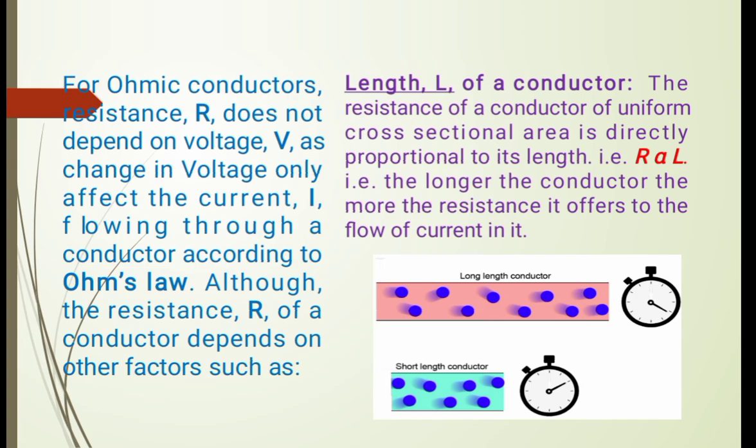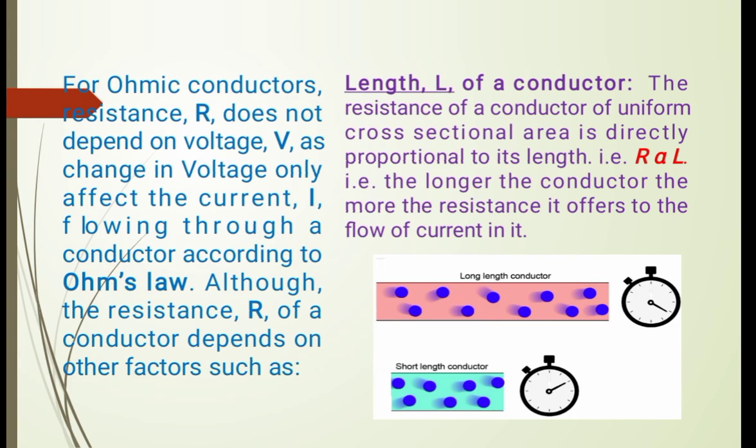From this pictorial representation, we can deduce that for charges moving through a very long conductor, it takes more time for the particles to move from one end to the other end, while it takes less time in a shorter conductor. So we can translate it to the obstacles that the particles will encounter in these two conductors, which can be likened to the resistance.